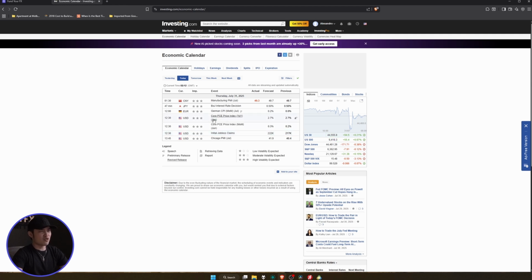For the PCE price index, we are going to see it stagnant, or the rate itself is going to be unchanged. For month on month, we are going to see an increase of about 0.1%, or 10 basis points.